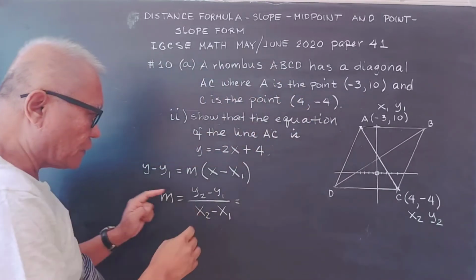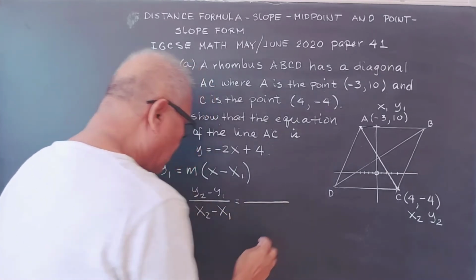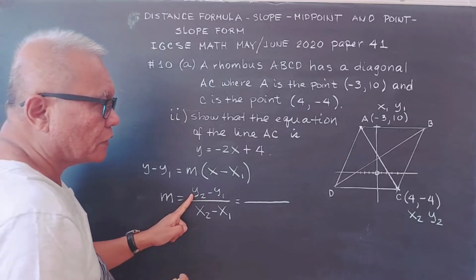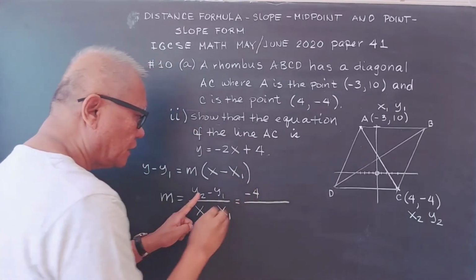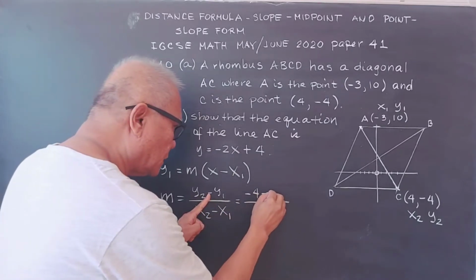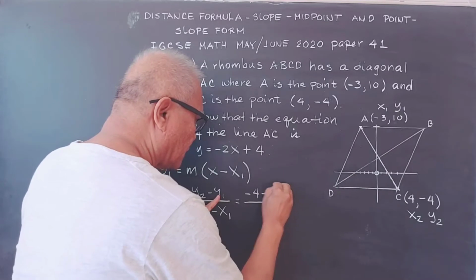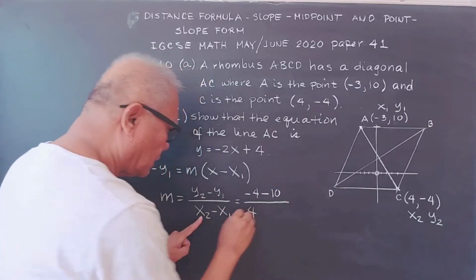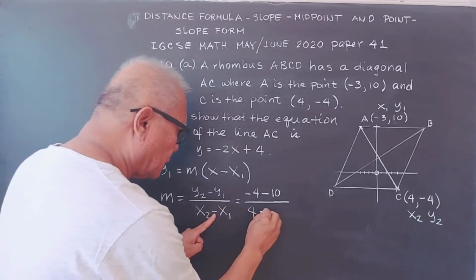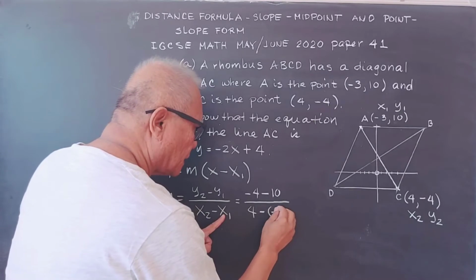So it's easy for us to put everything here. So let us change y sub 2 to numbers. Y sub 2 there is negative 4, so we have negative 4. Copy the minus here. Y sub 1 is 10. X sub 2 is 4. Copy the minus here. And x sub 1 is, in parentheses, negative 3.